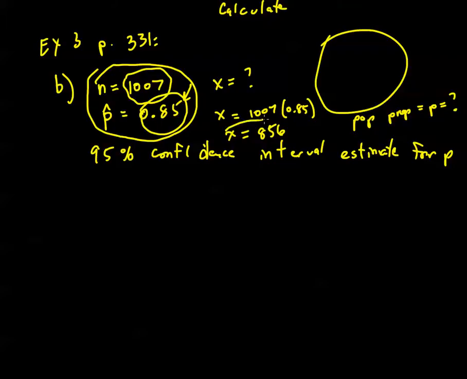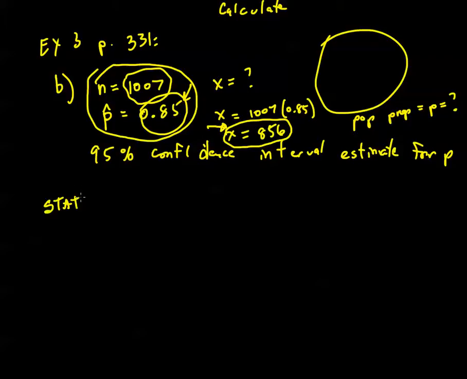Alright, so now we do have a raw count. In some of the problems in the book, X is given to you explicitly. In this one, X is not given to us explicitly, and we've got to do a little bit of a calculation to get there. So be aware of that. Alright, we're ready to find our onePropZint command now.